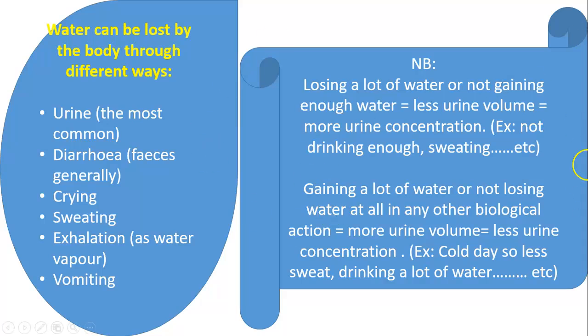If we gain a lot of water or we lose less water in those areas, you will get more urine volume and less urine concentration. That's why in summer you have more concentrated urine and less urine volume. Why? Because you sweat a lot. That's why you urinate more during wintertime.